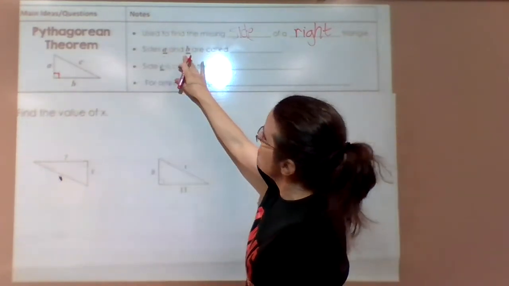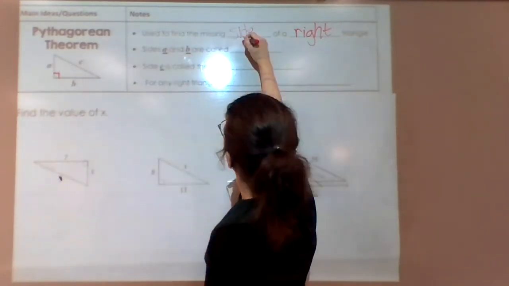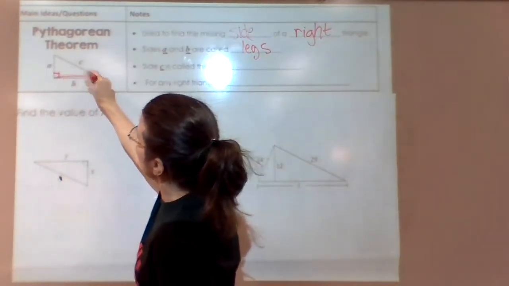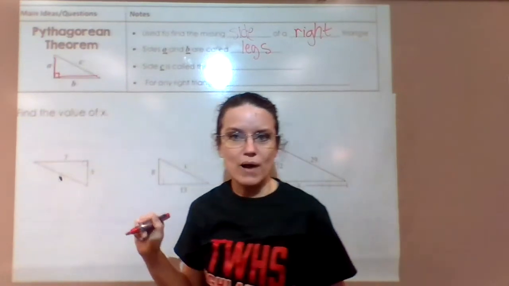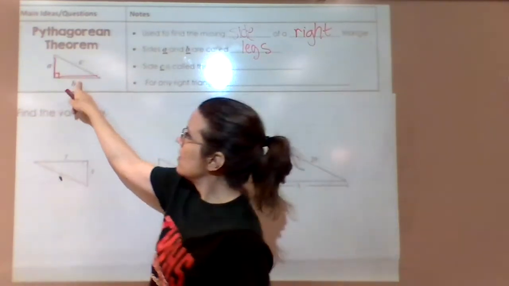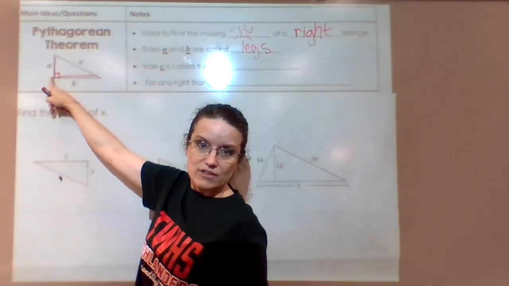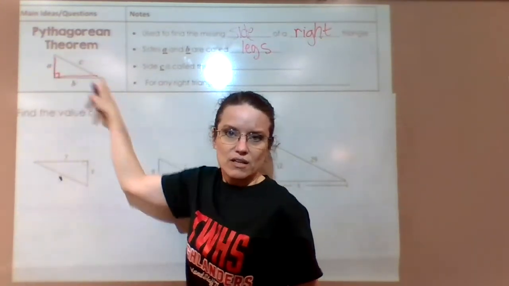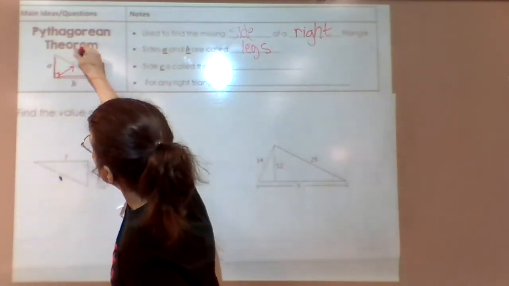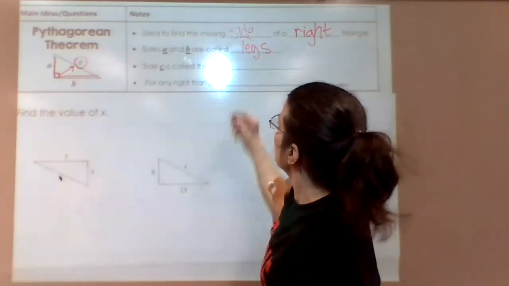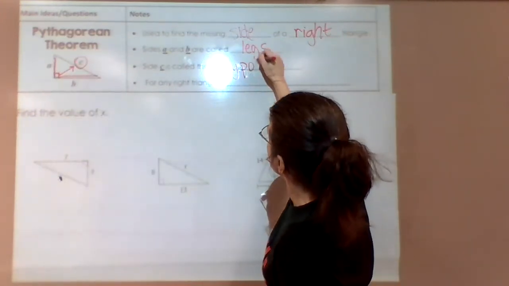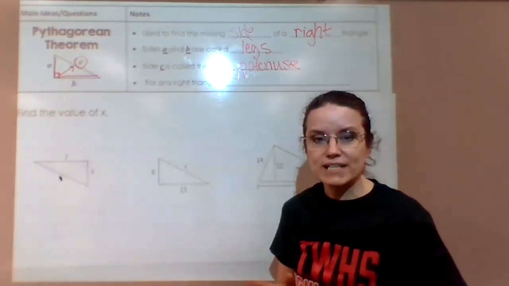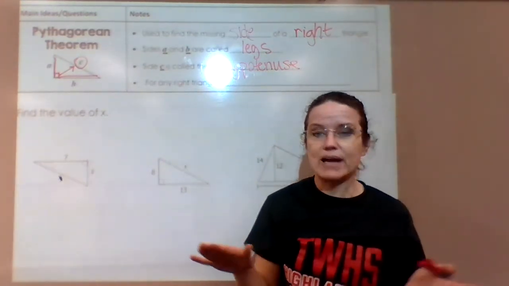So A and B are sides that are called legs, and these are the two sides that come off of your right angle. So the legs are the ones that touch the right angle. They're adjacent to that angle. Side C here, the one that's straight across from your right angle, is called the hypotenuse. And the hypotenuse is always going to be the longest side in a right triangle.